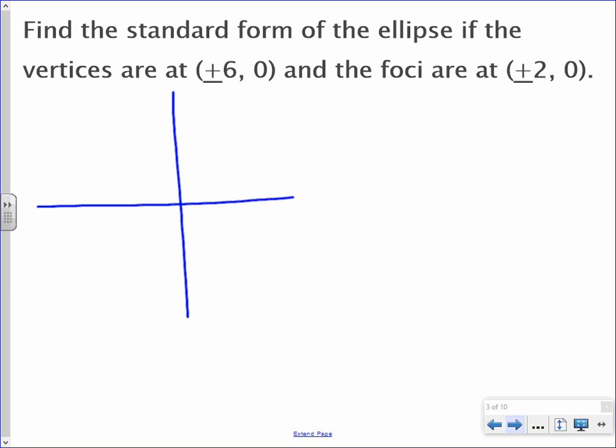I will always ask that you draw a picture. I would also suggest that you label the coordinates so you know which ones are your vertices, which ones are your foci, etc. Especially now that we're intermixing ellipses and hyperbolas.